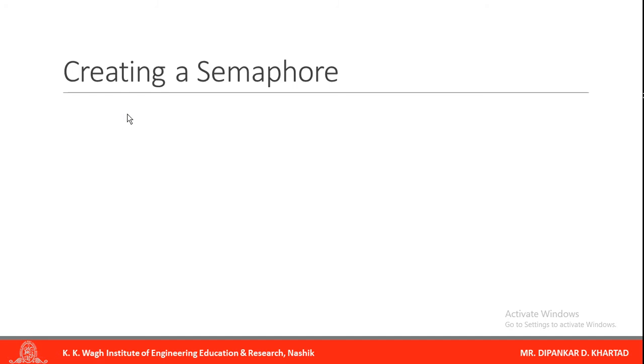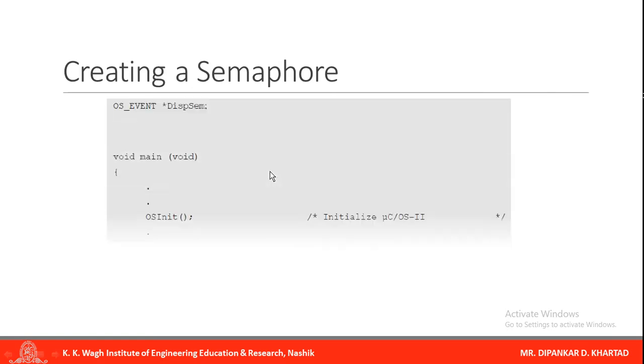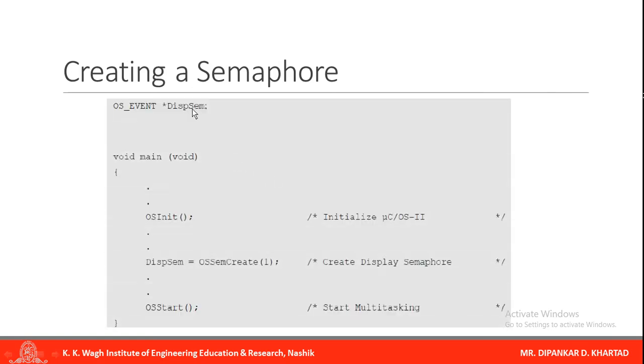Now we will discuss one simple example. In the main function we have initialized the OS. Now we want to create a semaphore, so that's why we are calling this function. The important point is that semaphores must be created before they are used.